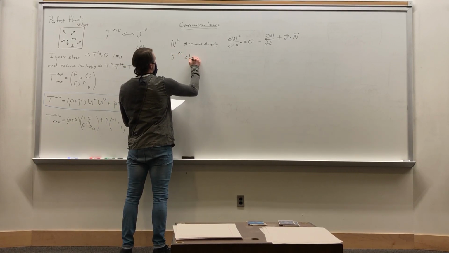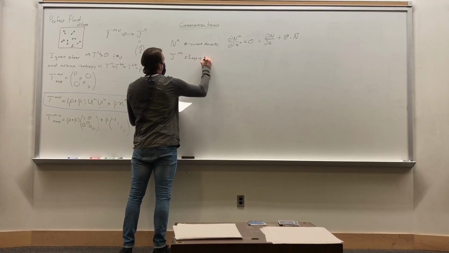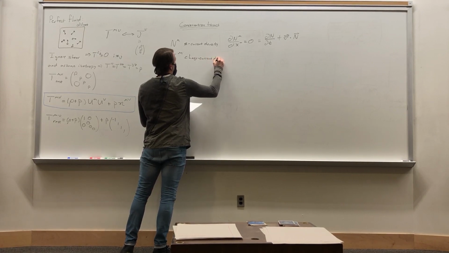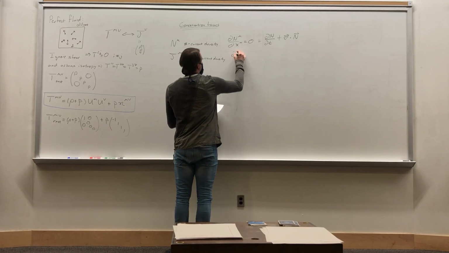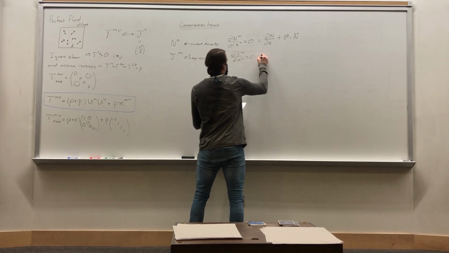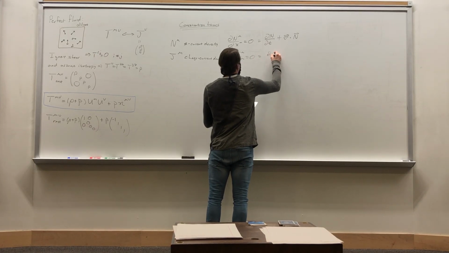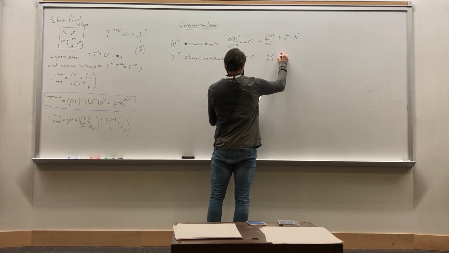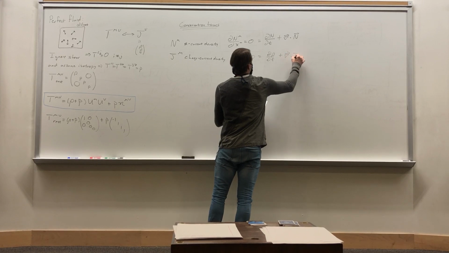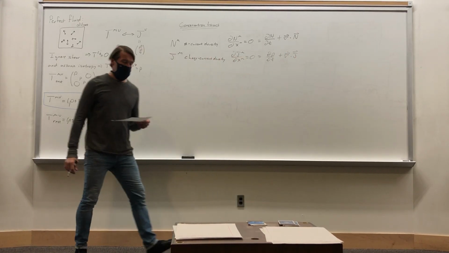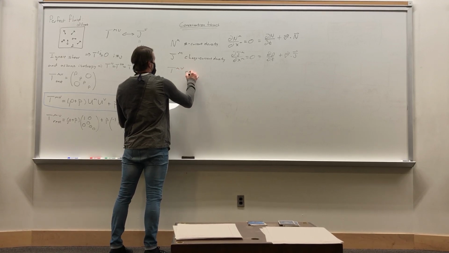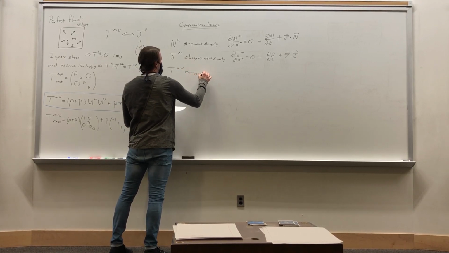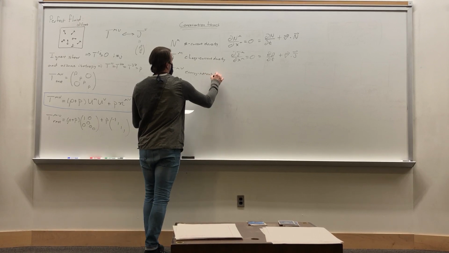We have charge current density given by J mu. dJ mu dx mu equals 0 equals d rho dt plus del dot J. We have T mu nu here, the energy momentum density.